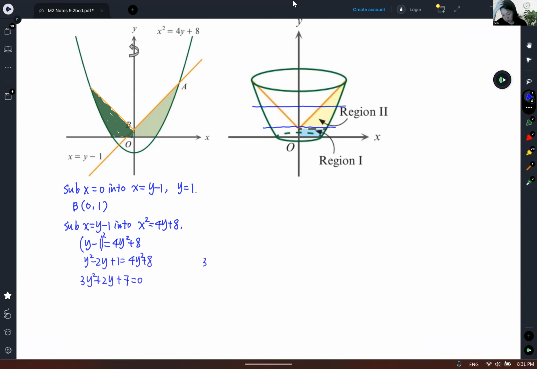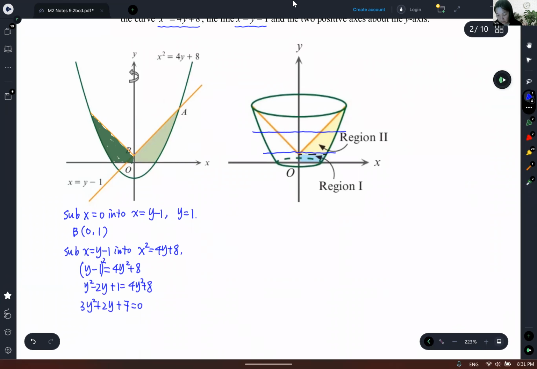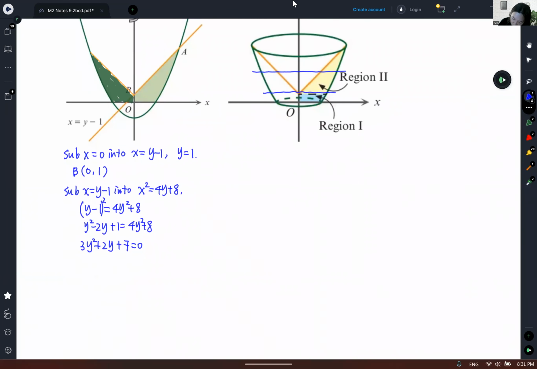Not 4. There's no square on the right side. Must be crazy, huh? Sorry about that.